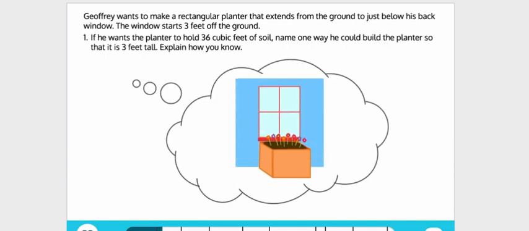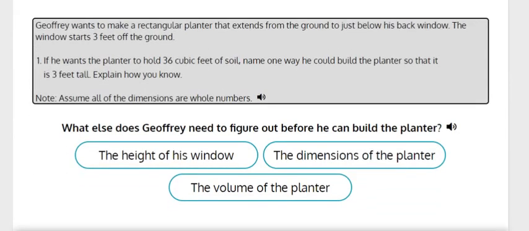He wants the planter to hold 36 cubic feet of soil, so that's how much space the planter will take up. In other words, 36 cubic feet will be the planter's volume. What else does Jeffrey need to figure out before he can build this planter?